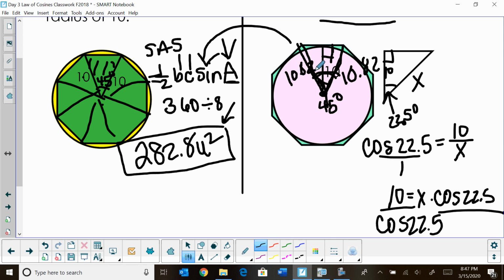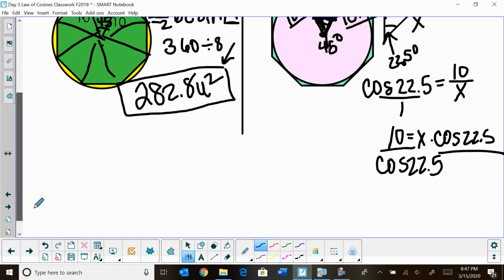Now this is easy because we have an angle A that's 45 and the two radii are 10.82. So let's go over here and use our formula again. When we have a side angle side, we use 1/2 bc sine A, where A is the included angle.